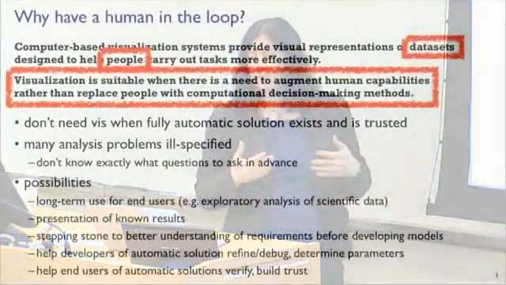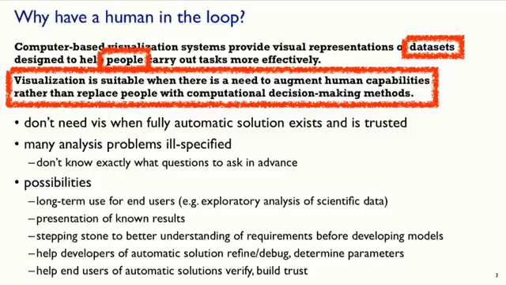So for one thing, there's this idea that we've got data sets and people together in the same sentence. And in particular, that viz is suitable when there's some need to augment the humans instead of replacing them with something purely computational. So in what contexts does this happen? So I argue there's a lot of situations we don't need viz.